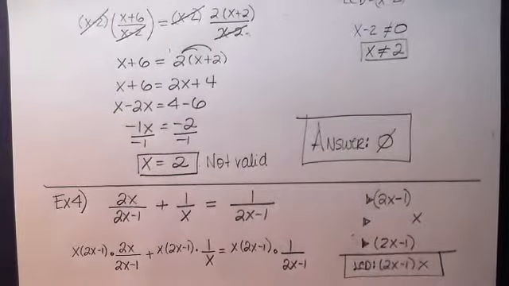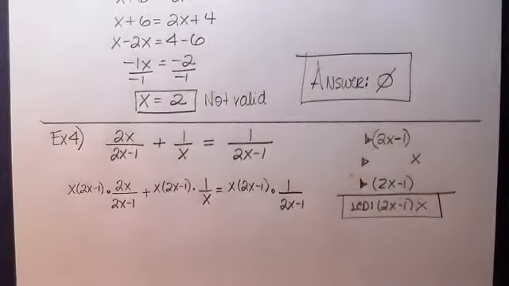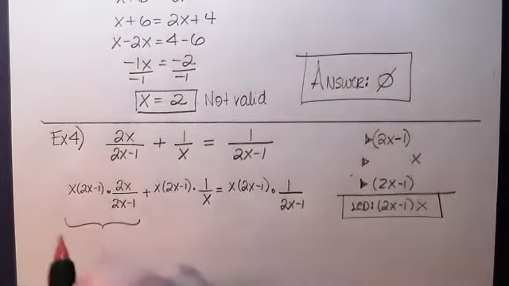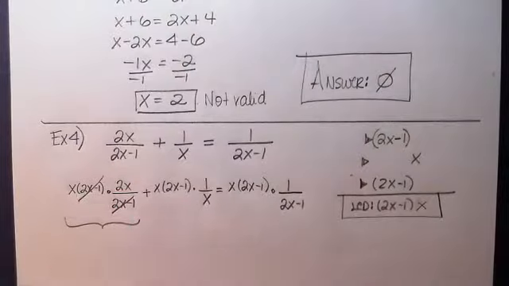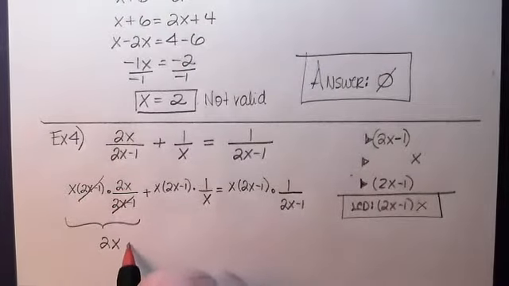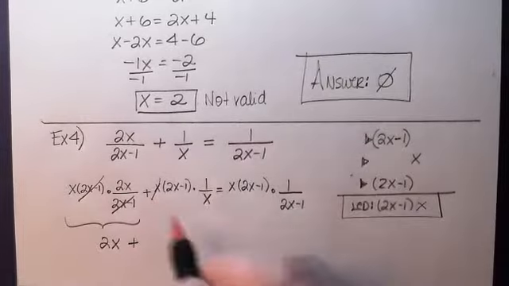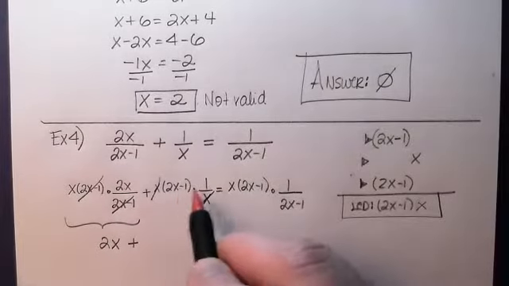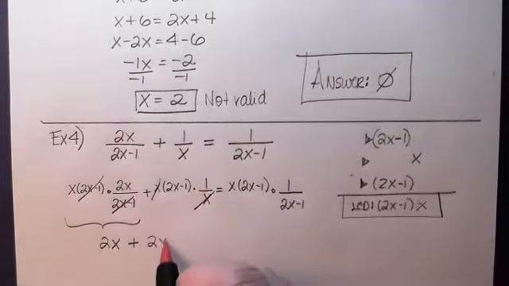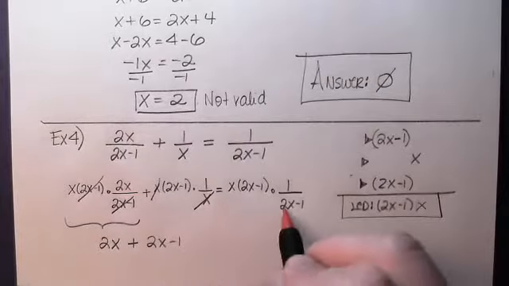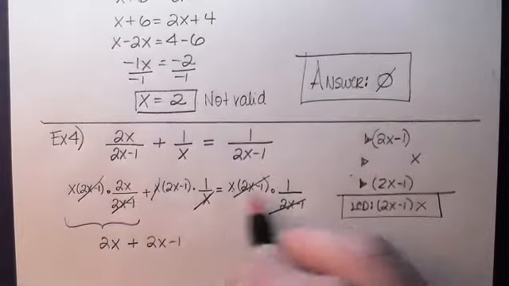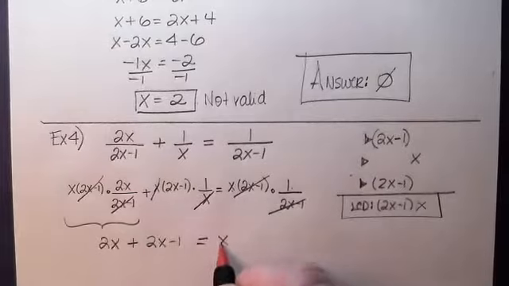Alright, now we're ready to do the multiplication. Now look at these. The 2x minus 1 is going to cancel, so x times 2x is 2x. The x here are going to cancel. 1 times 2x minus 1 is 2x minus 1. And in here, 2x minus 1 cancels. X times 1 is x.